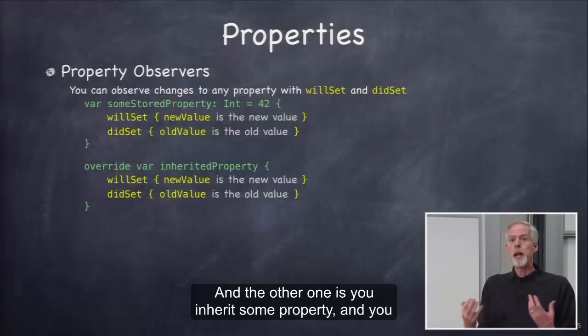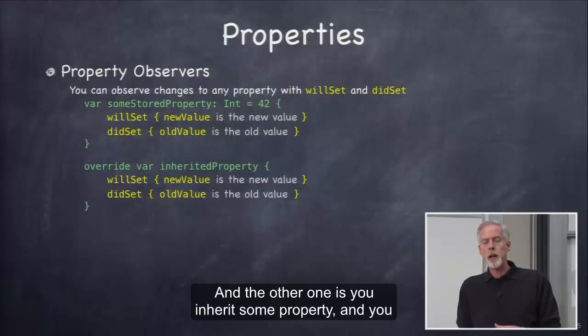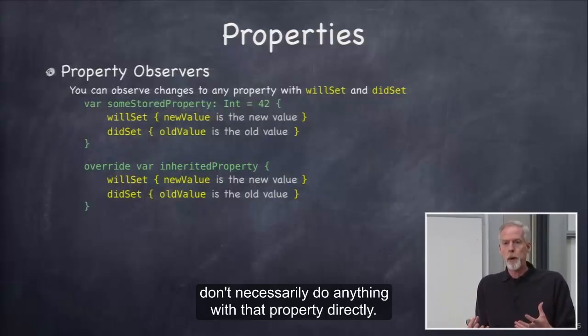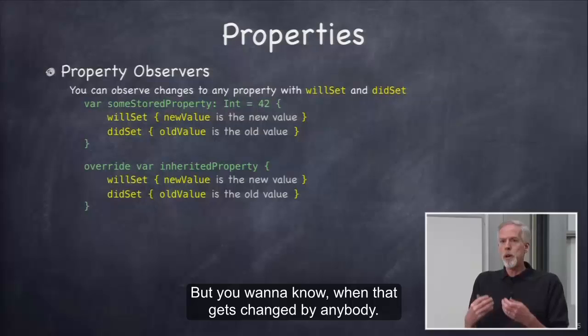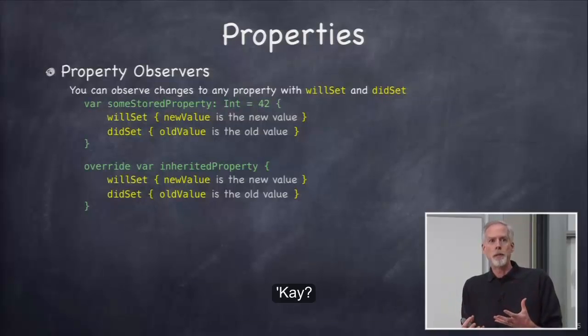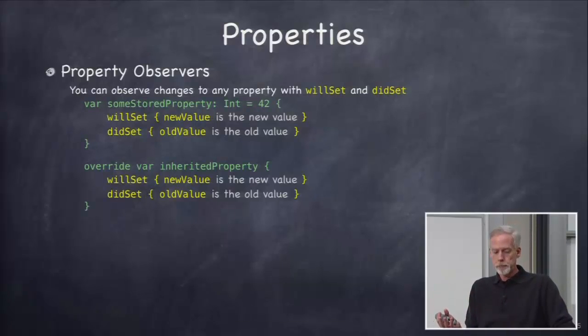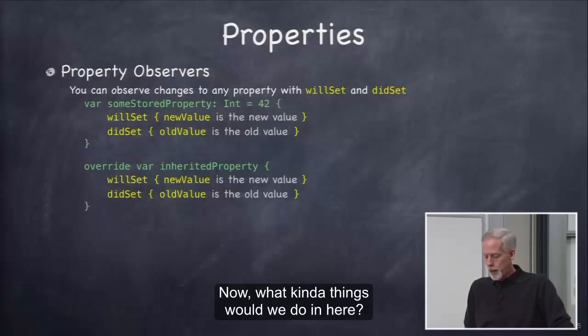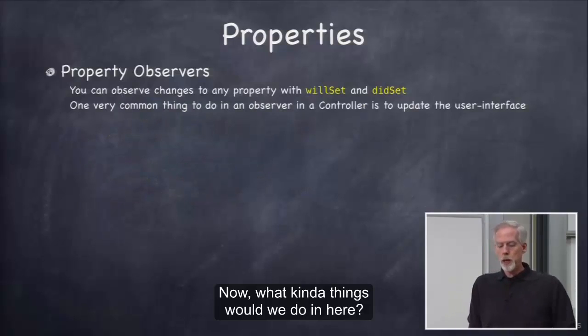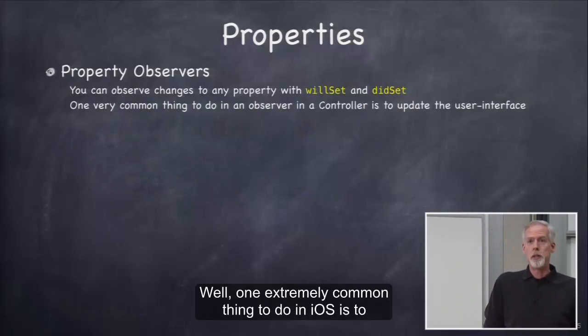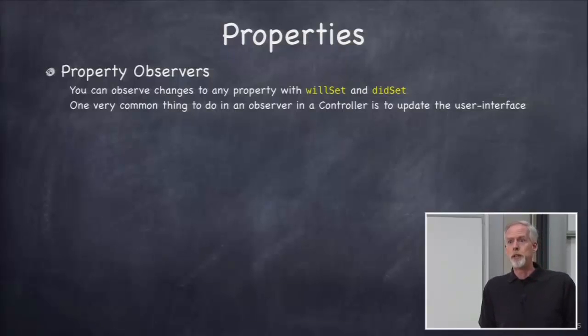And the other one is you inherit some property, and you don't necessarily do anything with that property directly, but you want to know when it gets changed by anybody, okay? So you can even do willSet and didSet on properties you inherit from your superclass, okay? Now, what kind of things would we do in here? Well, one extremely common thing to do in iOS is to update the user interface.